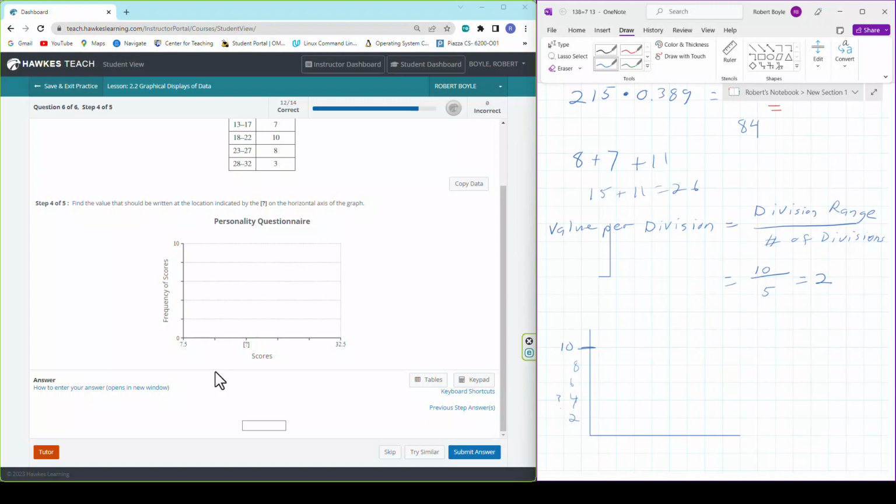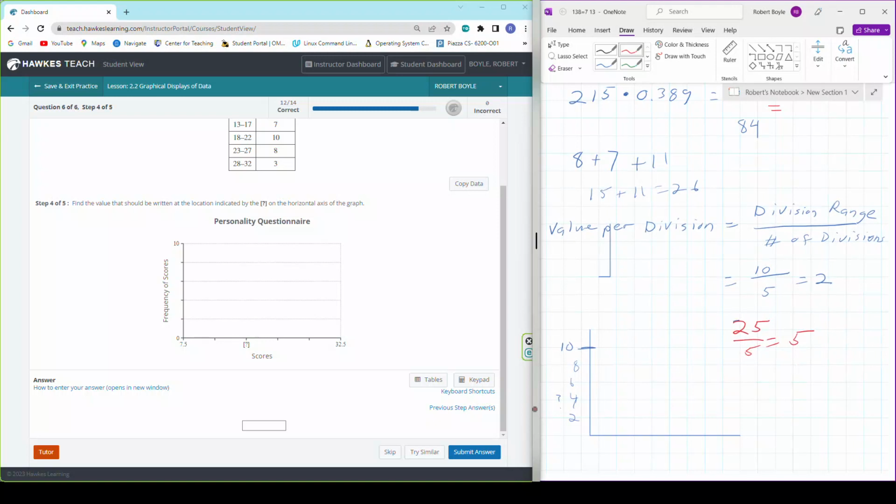So the division range is 25. And the number of divisions is 1, 2, 3, 4, 5. So each division is worth a value of 5.